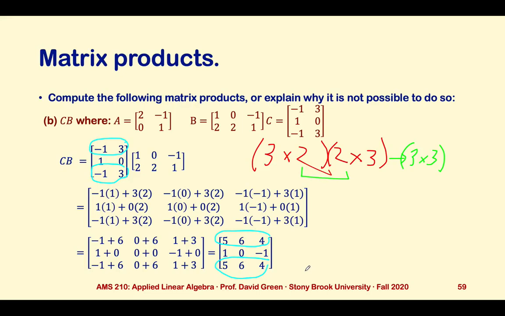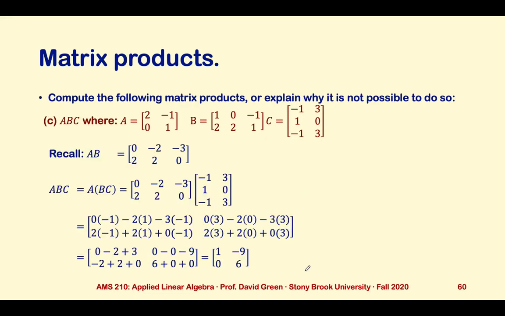Okay. So now we have a triple product, A times B times C. For multiplying matrices, it doesn't matter what order we evaluate the product, as long as we don't rearrange where the matrices are.